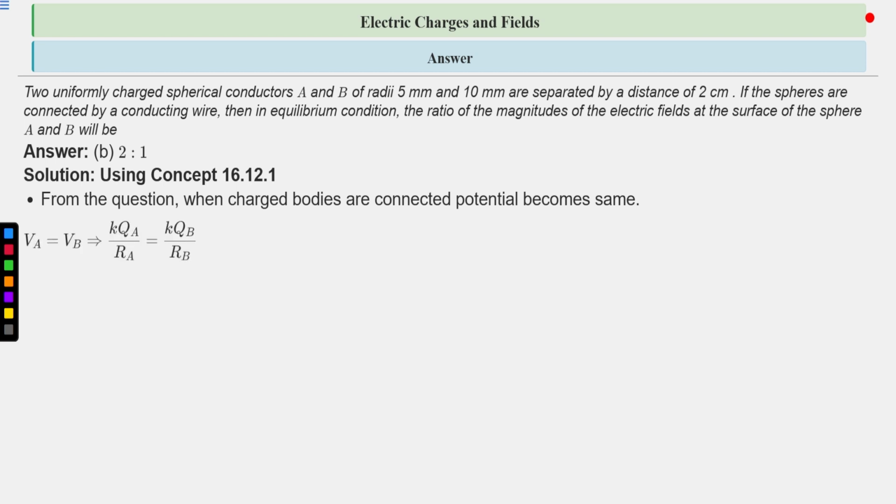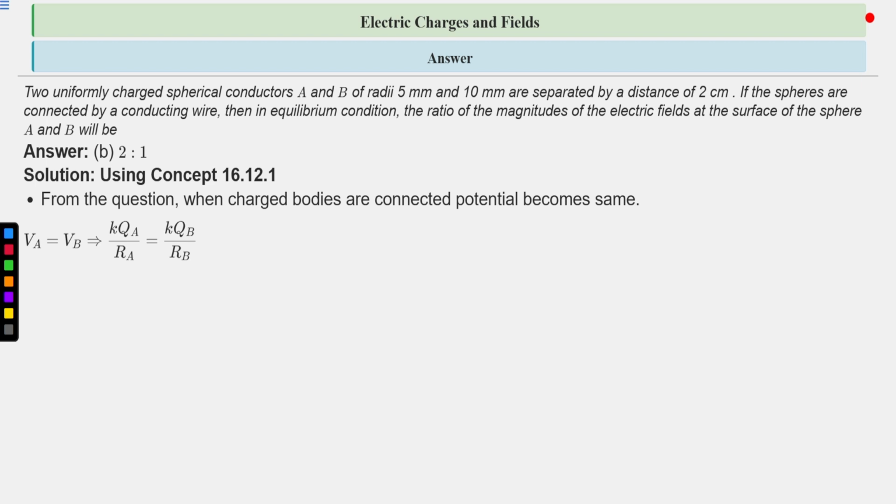So VA, the potential on the surface of conductor A, equal to VB, the potential on the surface of conductor B, which is equal to KQA upon RA equal to KQB upon RB. This is the formula of potential on the surface of spherical conductors, that is KQ upon R, where R is the radius of the spherical conductor.